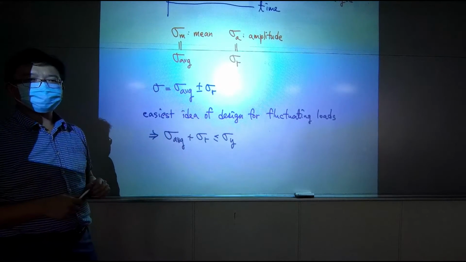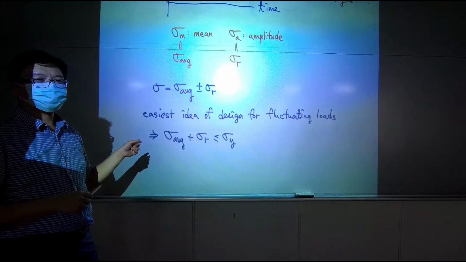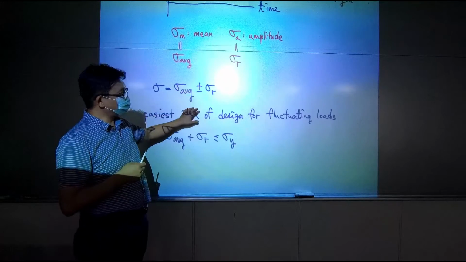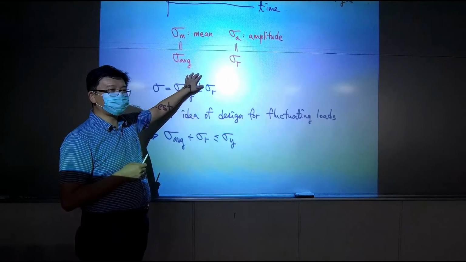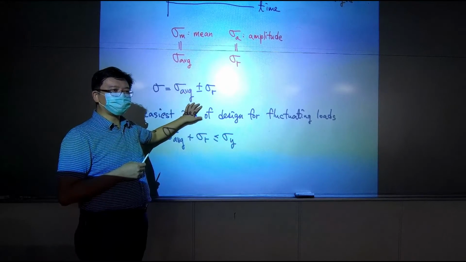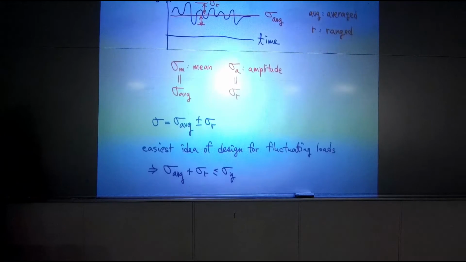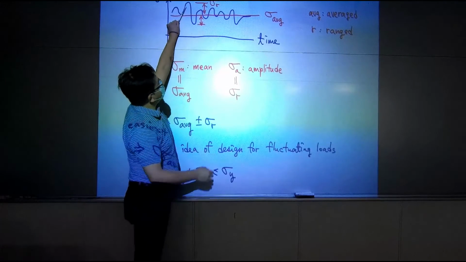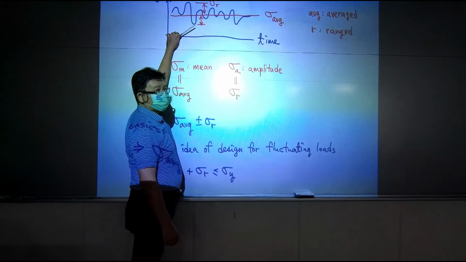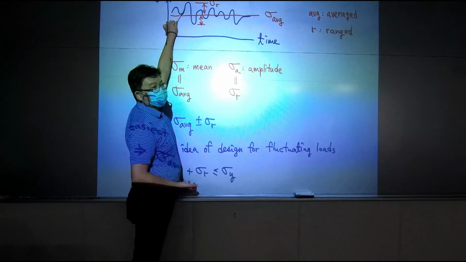But which one is more important? This one is more important. Why? Basically two scenarios. One is the upper limit, like the max load you carry. The other one is like the minimal load you carry. Like one would be this point, the other one is this point. So when I design, do I care about this one? Because it's under a smaller load. This is like the worst case.